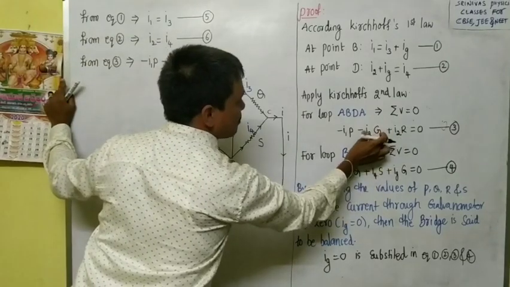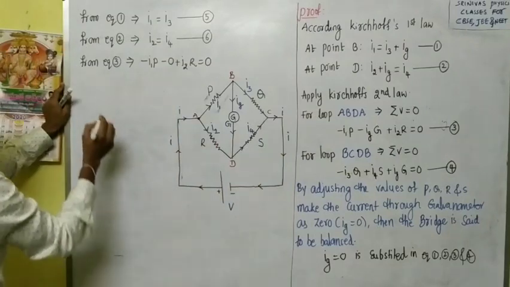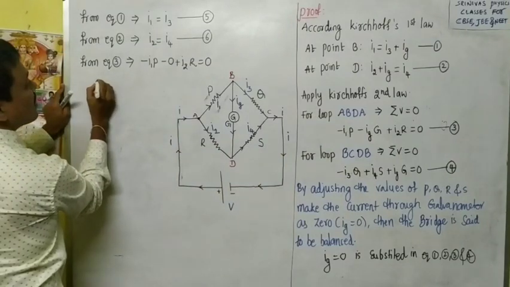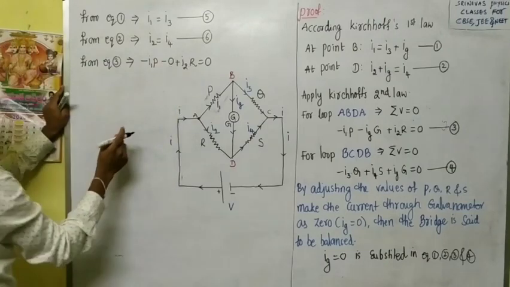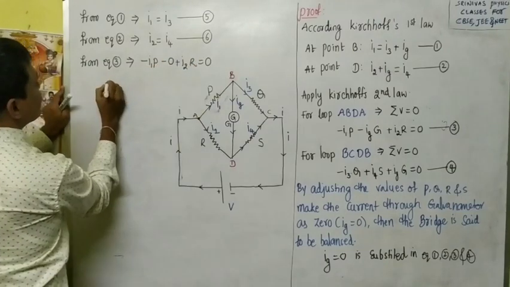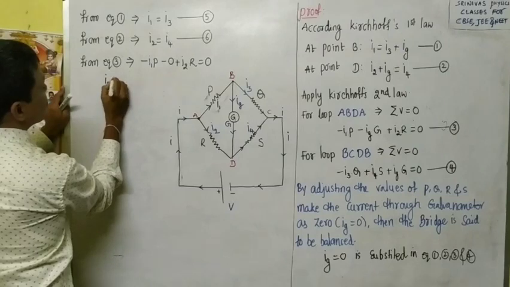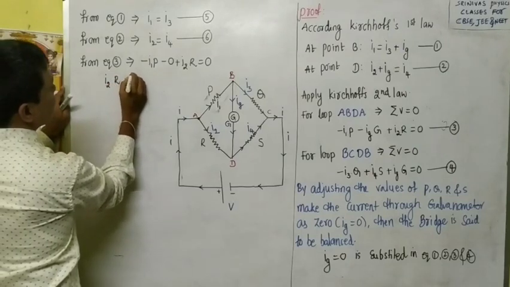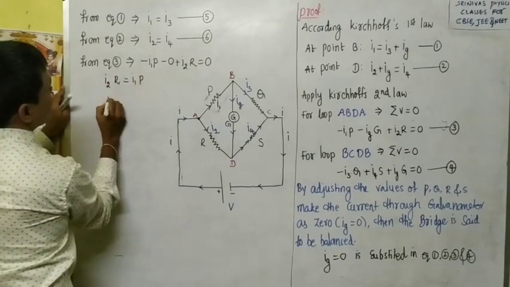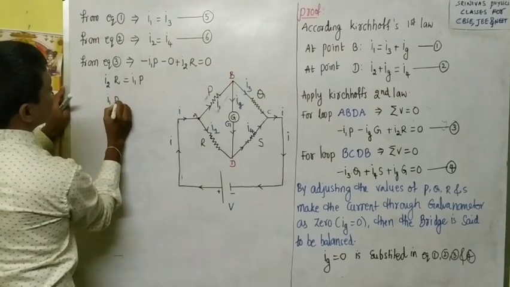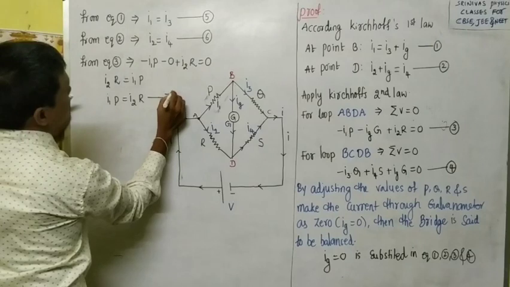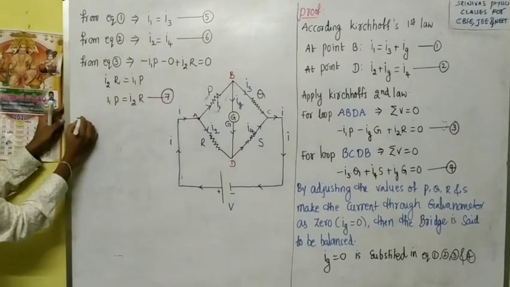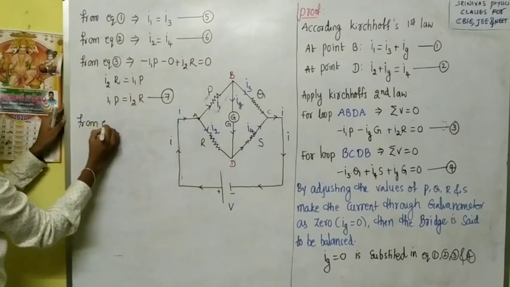From this we will take minus I1P to the right side. Then I2R is equal to I1P, or we write I1P is equal to I2R. This is equation 7. Next, from equation 4, what will you get?